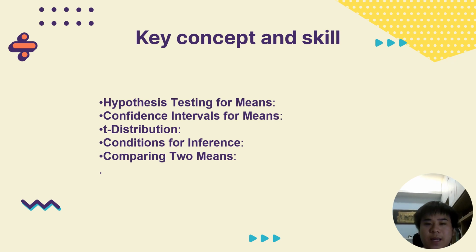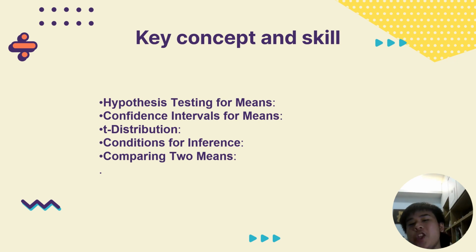Next, we'll be looking at the conditions for inference. You'll be checking and verifying conditions for valid inference, which are the randomness of the sample, normality of the population distribution, and the independence of the observations. Also, you apply the central limit theorem for larger sample sizes, where the sample size needs to be greater than 30.